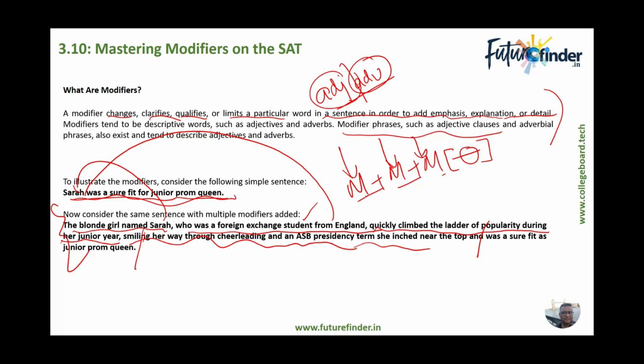Most of the time, what the SAT tests you for are modifiers which are necessary in the sentence, or modifiers which are an integral part of the sentence, not the ones which have been added forcefully, as in this case by me, to give some clarity of what modifiers are.